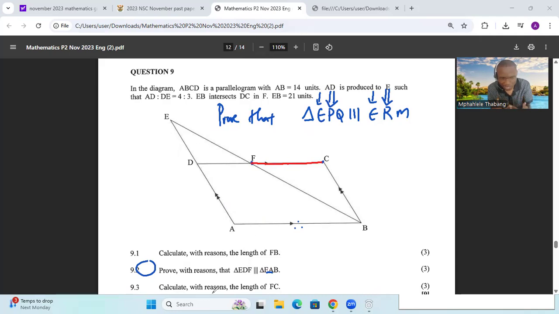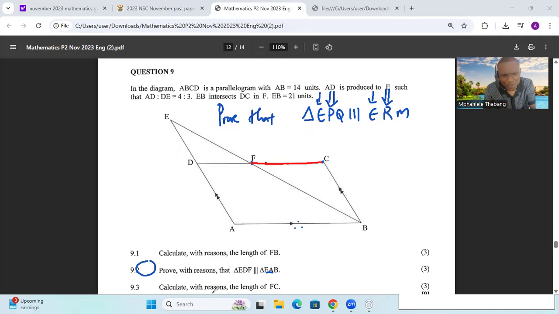I'm answering the question of 9.3, but most of the time I know that mathematically, the solution of 9.2 can help you in solving the problem of 9.3. How so? In 9.2, we have proven that the triangle EDF is similar to the triangle EAB.